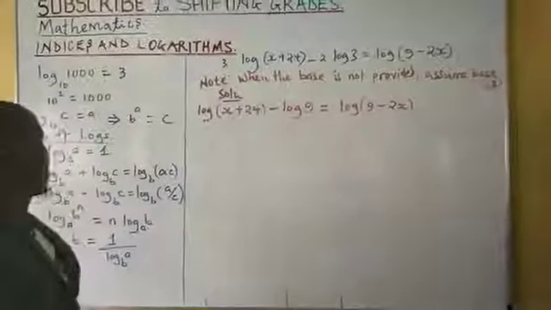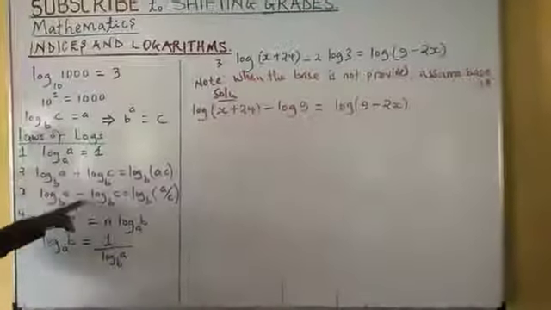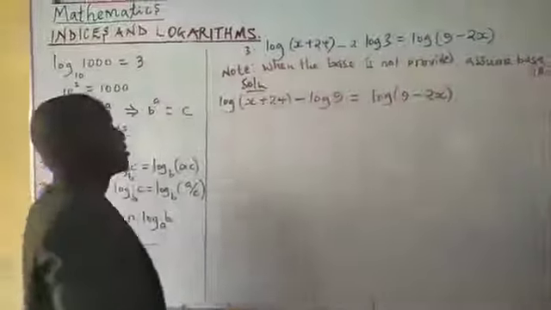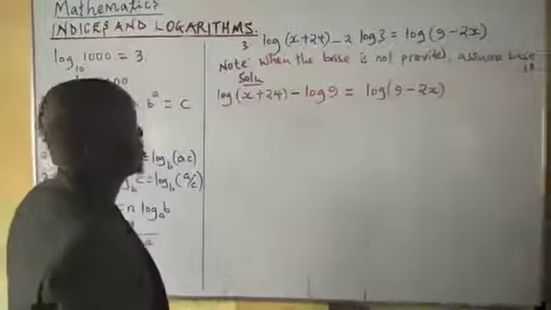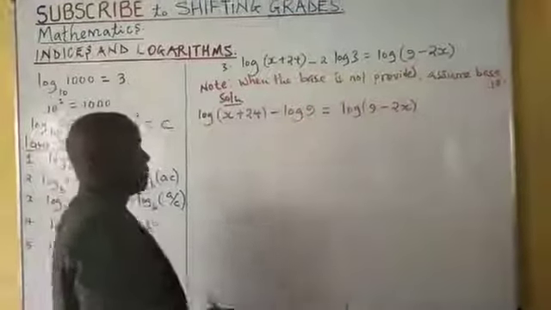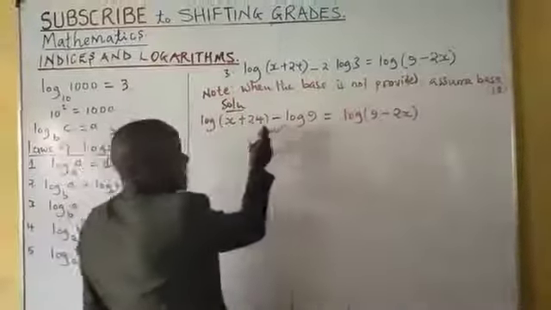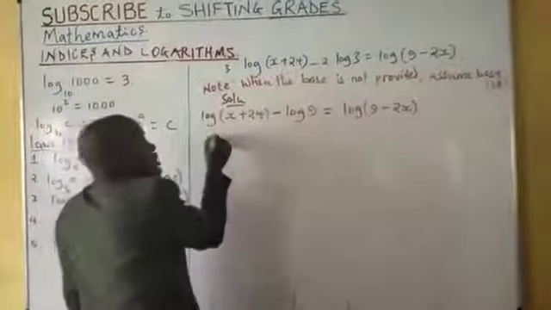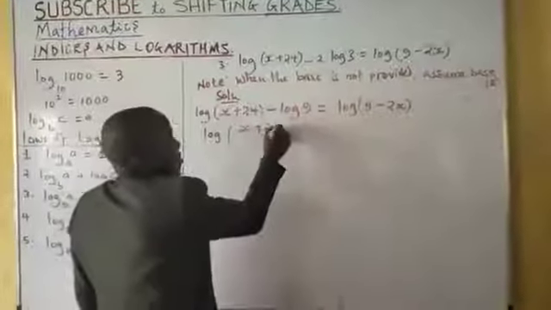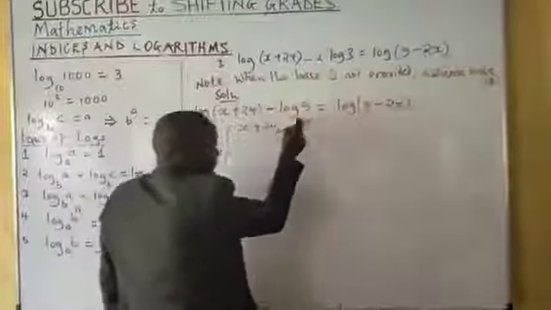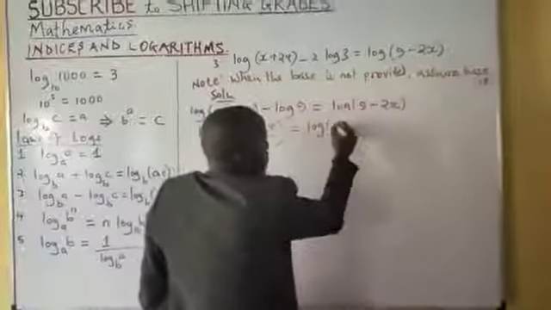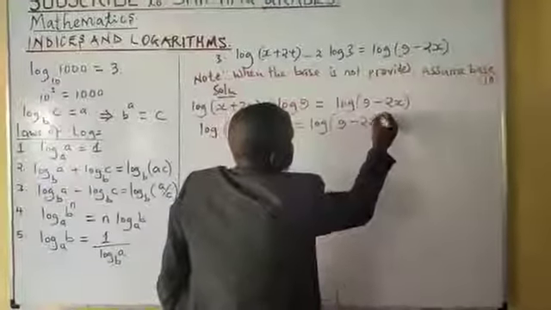At that level now, we apply law number 3, which says that the logarithm of a number to a base minus the logarithm of another number to the same base is equal to the logarithm to the same base, and the numbers get divided. Therefore, here we take the logarithm of x plus 24, then because this is minus log 9, we divide by 9, is equal to the logarithm of 9 minus 2x.